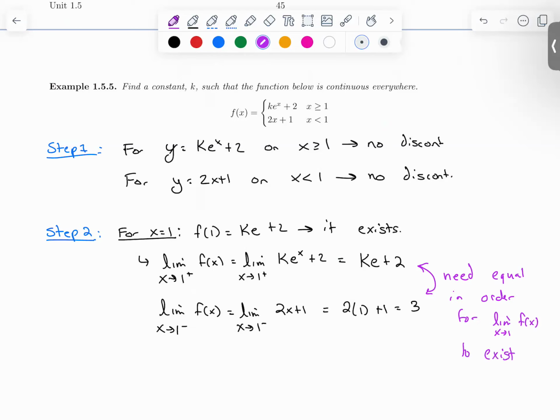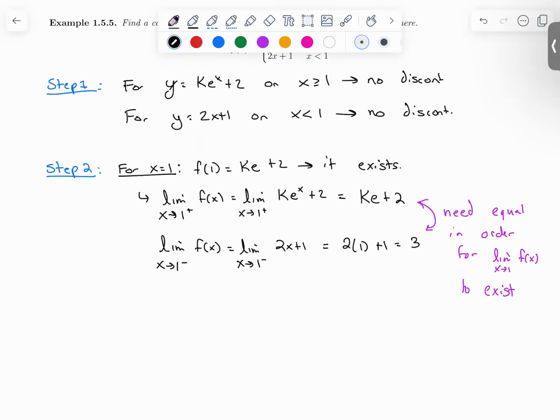And that allows us to solve our equation. That allows us to find out what k should be. In order for this to be continuous there, we need those two things to be equal. So we solve that equation: k times e plus 2 is equal to 3. And remember, we're solving for k, and e is just a number.